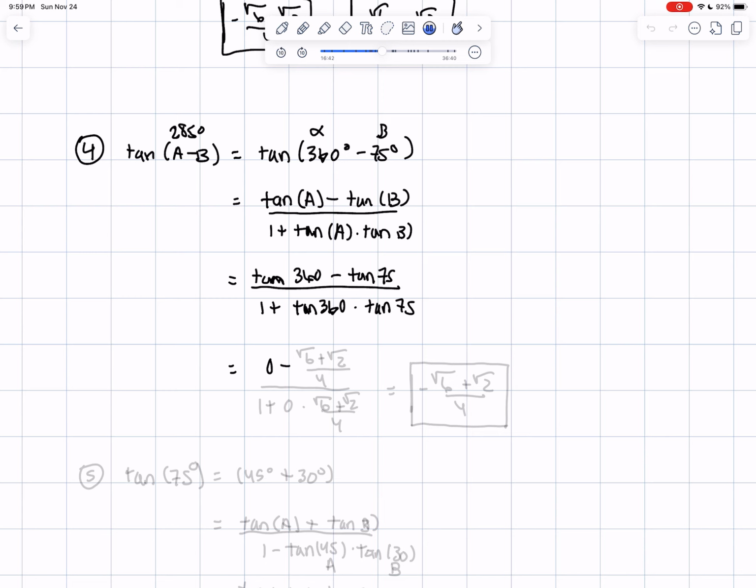Tangent of 75 is square root 6 plus square root 2 over 4 divided by 1 plus the tangent of 360 is 0 times, again, square root 6 plus square root 2 over 4. And then when I do the math, what's going to happen is I'm going to get negative square root 6 plus square root 2 over 4.